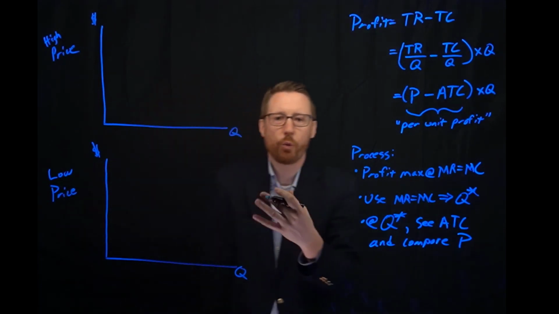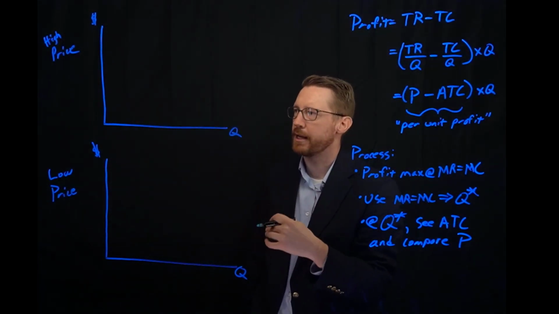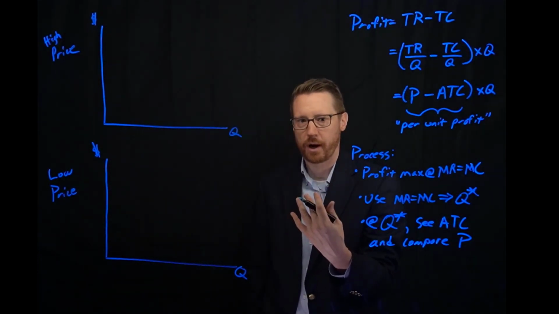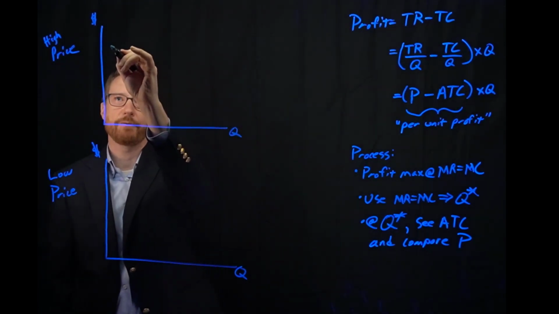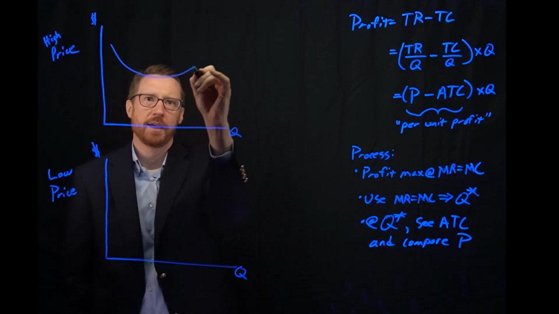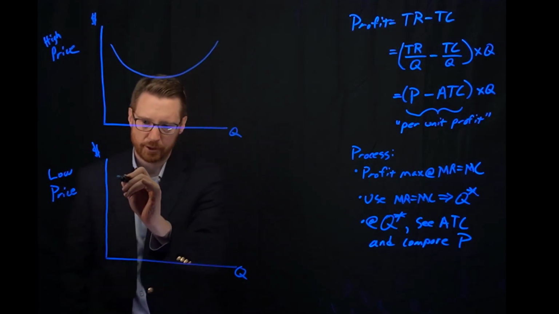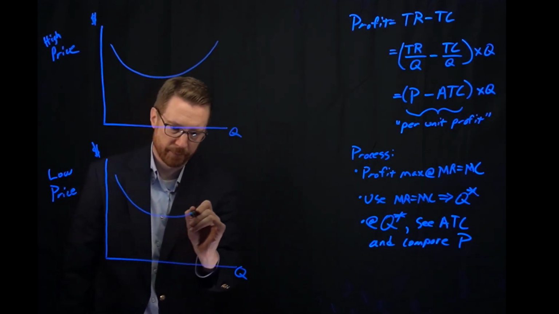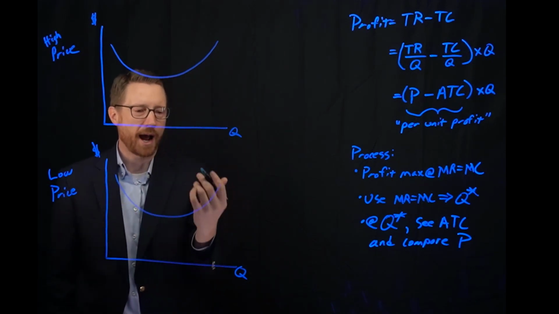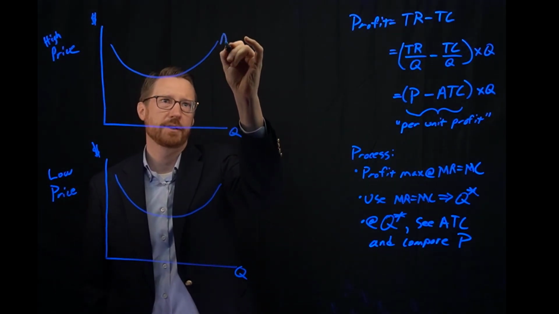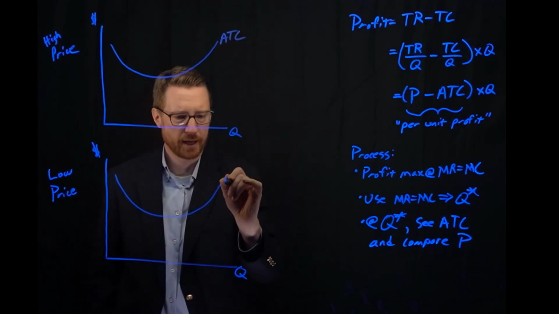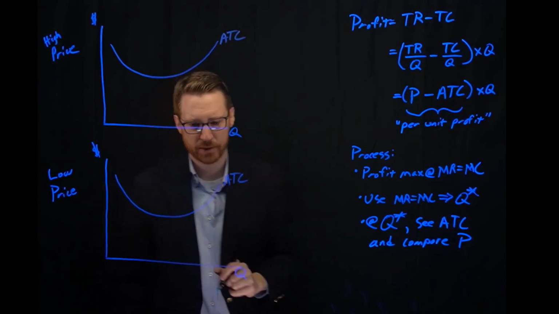Okay, so for each one, let's put in our average total cost and our marginal cost curves. Remember, average total cost is this U-shaped curve. Why? Well, we'll get to that in just a second. So drawing this U-shaped curve, this is our average total cost.